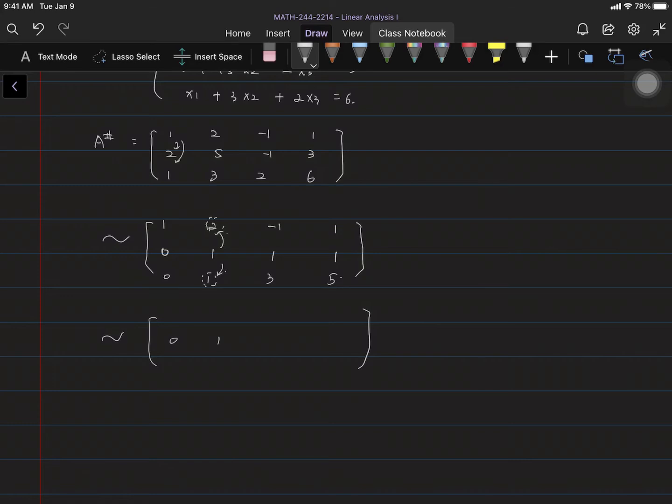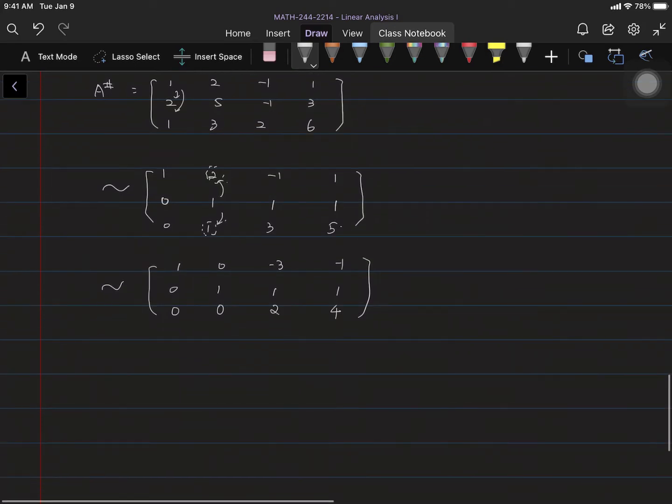Row 2 stays here. And we need the leading one in the last row, so divide by 2 in the last row. Let's write them down.